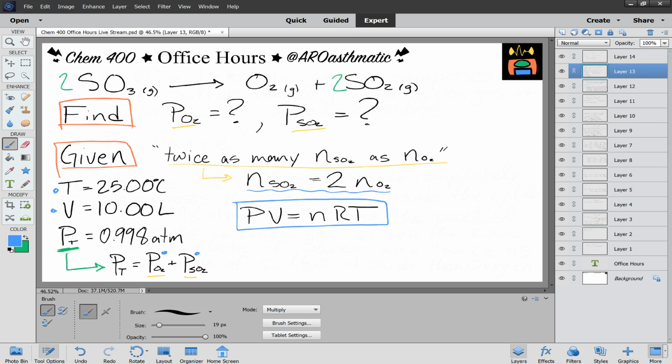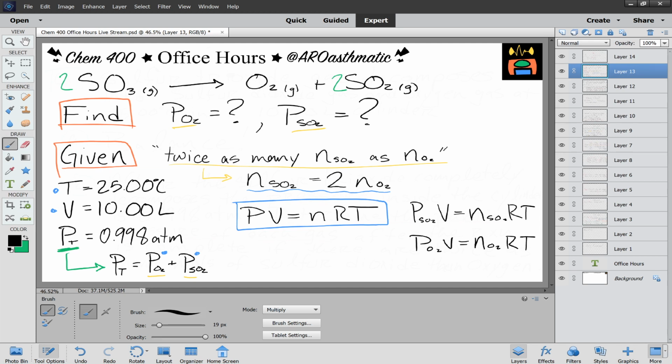And here we can write out a custom ideal gas law for each gas. The pressure of SO2 times the volume is equal to moles of SO2 times RT, and the pressure of O2 times its volume is equal to the moles of O2 times RT.